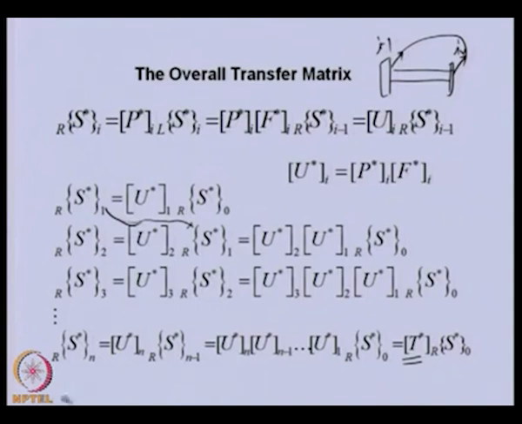If we want to plot the linear displacement, we can pick up various linear displacements from various state vectors and plot them, or if we want the angular displacement, we can pick them up from these state vectors. So we have seen how to obtain the natural frequency and the mode shape.